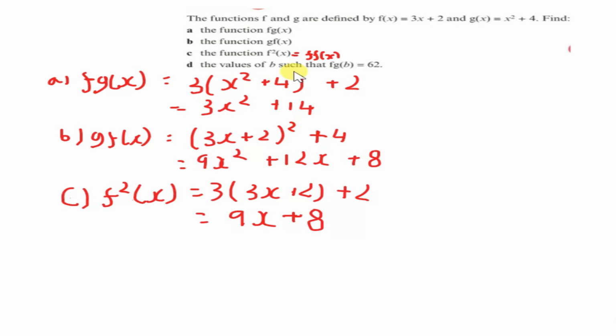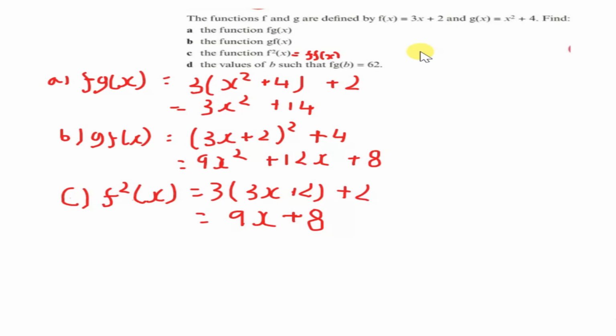Now finally for part D, we need to find the values of b such that fg of b equals 62. Well, we worked out what fg of x is in part A, so that is 3x squared plus 14, but of course because the x has been replaced by b, we need to write it in terms of b.